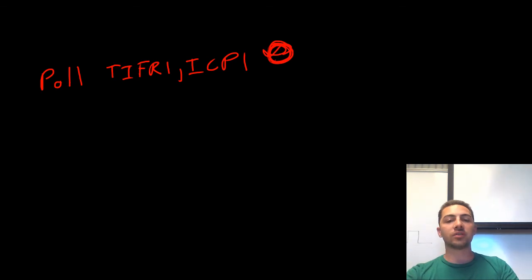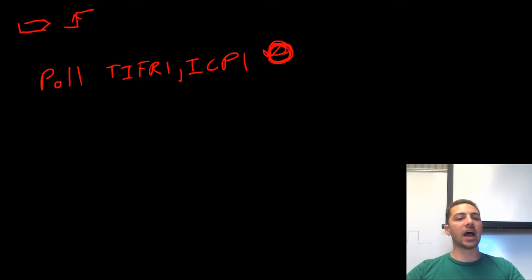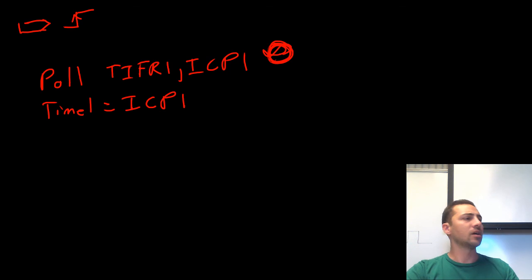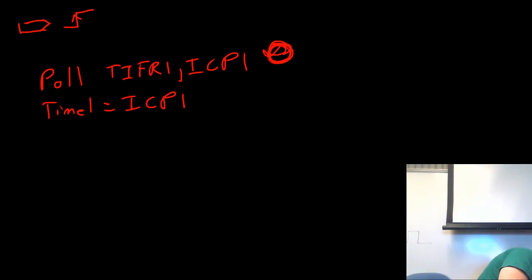Once it occurs, that means that on that input pin, you've seen an edge. Okay? Assume that we've configured it for rising edge right now. What you need to do is then say time 1 equals input capture 1, the register. So I might be mixing my register names. Quickly, let me grab my I/O sheet here.